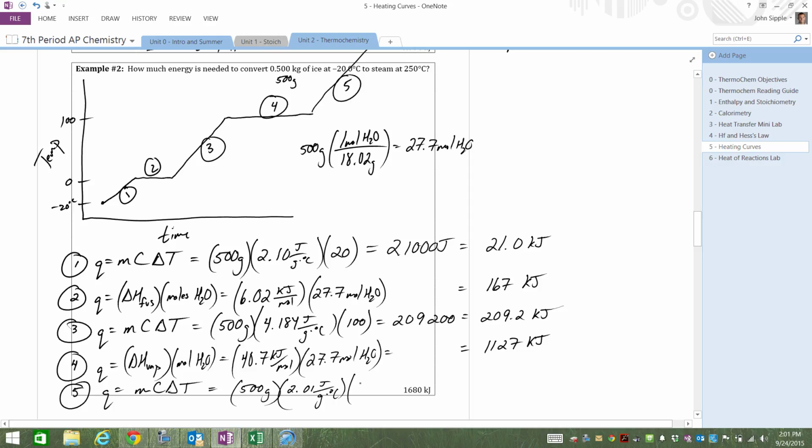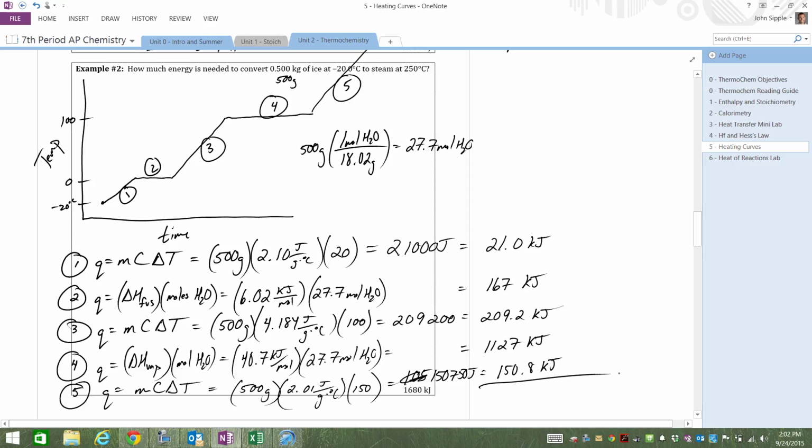So our delta T is 150. 500 times 2.01 times 150. So I got 150,750 joules, which is the same as 150.8 kilojoules.